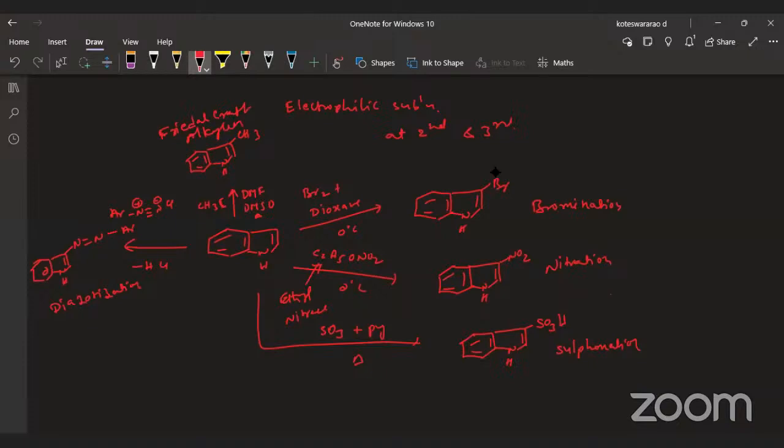Whenever it is subjected to the Reimer-Tiemann reaction, you know the Reimer-Tiemann reaction. What is the Reimer-Tiemann reaction? It is treated with chloroform in sodium hydroxide, which leads to the formation of an aldehyde, indole 3-carboxaldehyde.